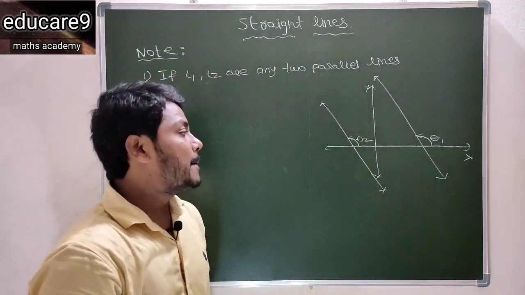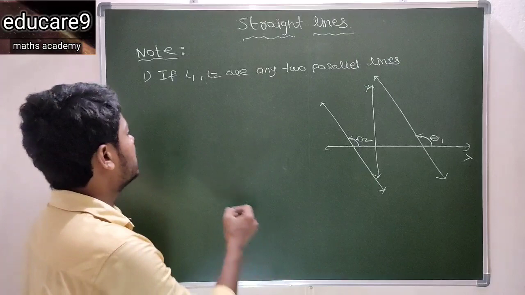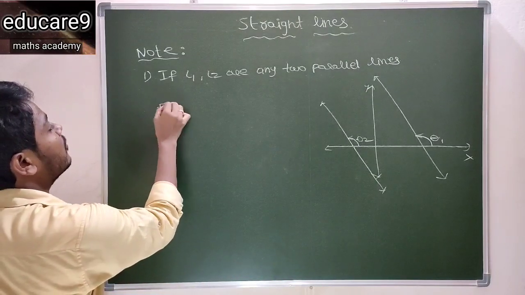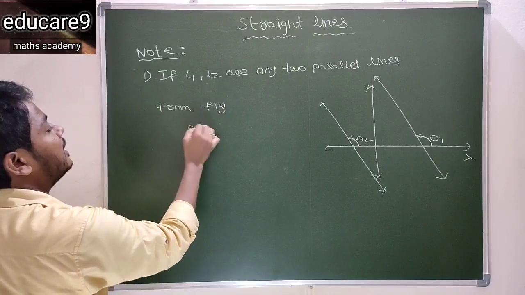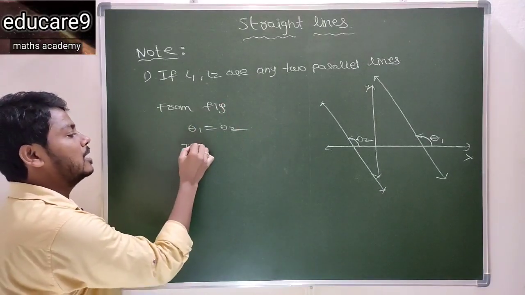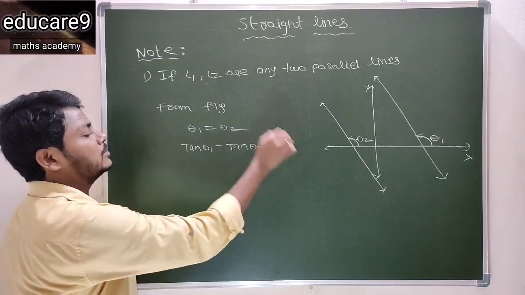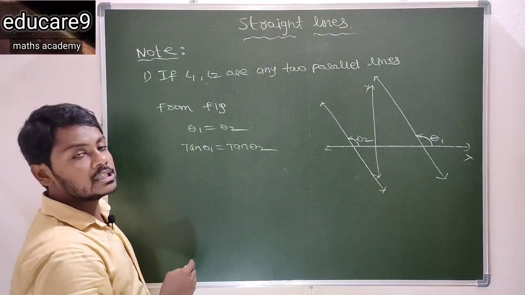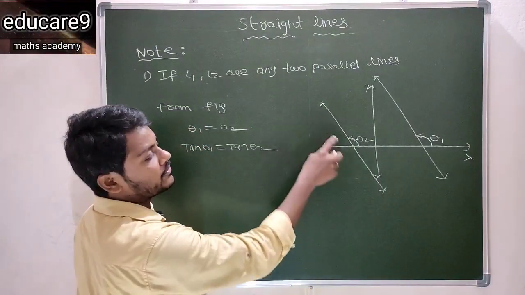So you know that parallel lines make equal angles. Clearly from the figure theta 1 = theta 2, and applying tan on both sides, tan theta 1 = tan theta 2. So what is tan theta 1? That is the slope of the first line, and tan theta 2 is the slope of the second line.